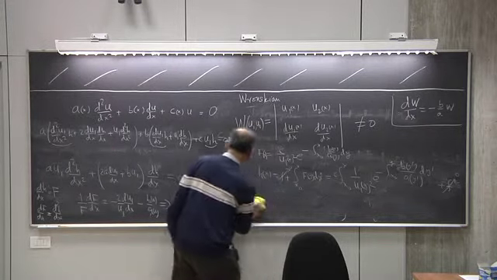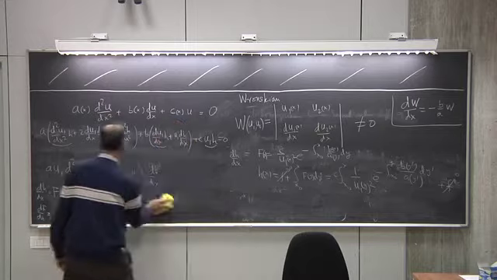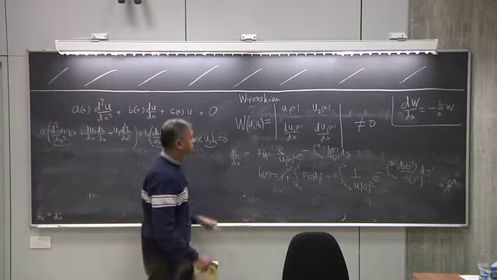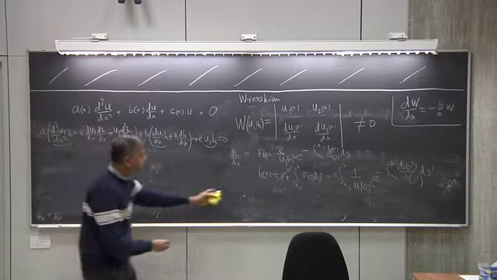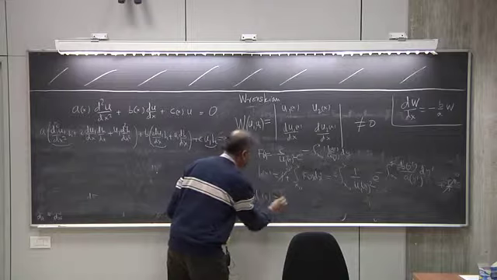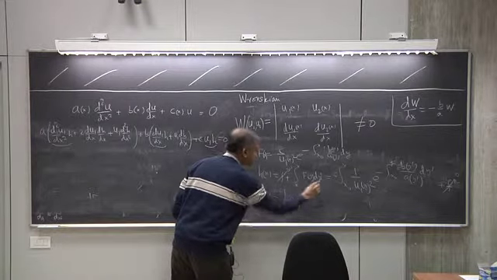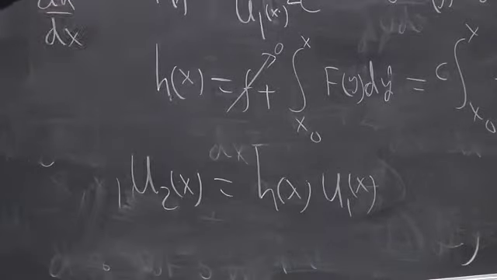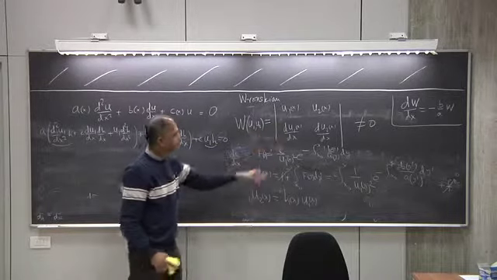Okay, so now let's see what this Wronskian is. U2 is simply, as we said, this h given here times u1. So let us plug this inside the Wronskian.